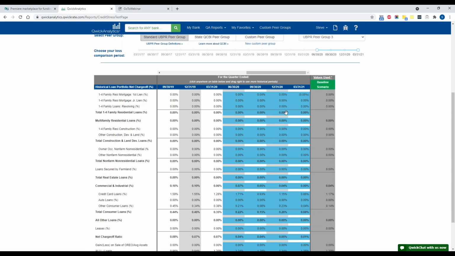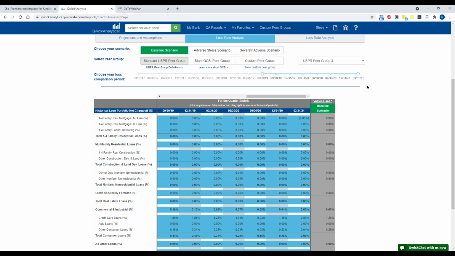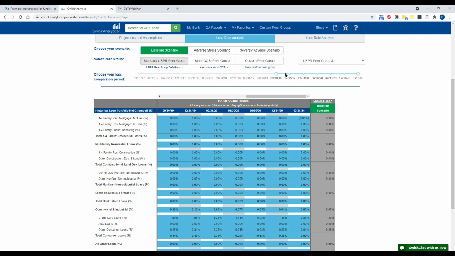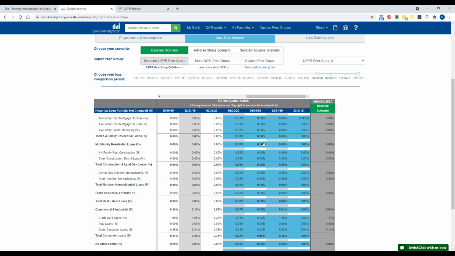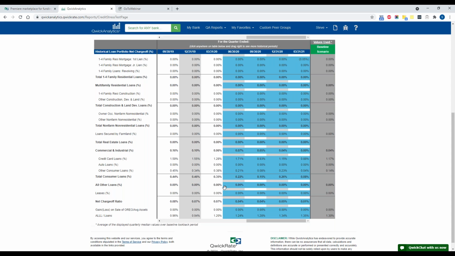And it's very easy to change your look back period. We have a slider here. You can literally click on this and drag it over and pick as many quarters or periods as you want to be included in your baseline or healthy period loss calculations for the peer group. But for now, we'll just stick with the last 4 quarters as they are. They look like they're pretty healthy, pretty baseline.